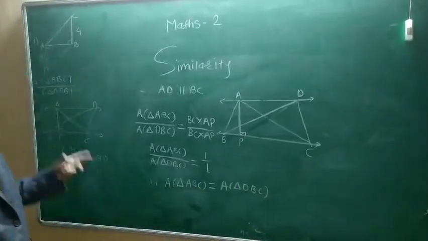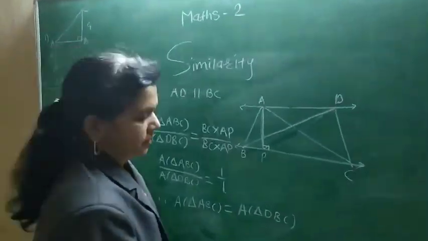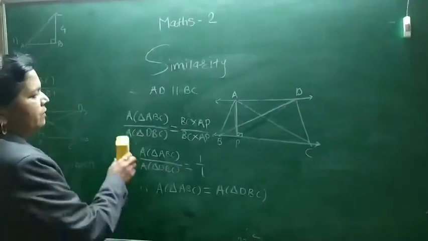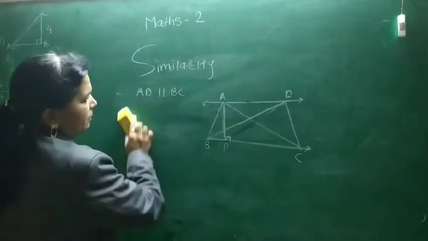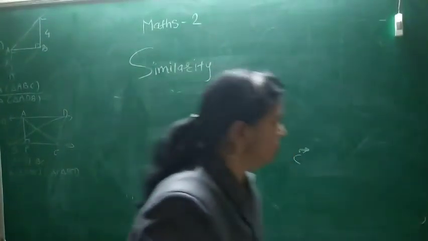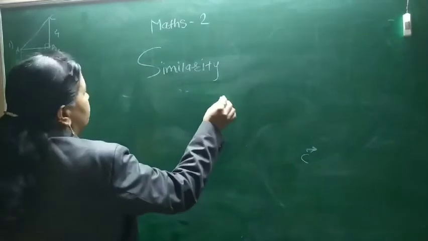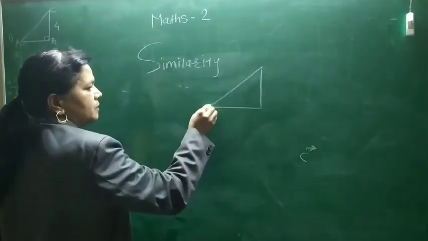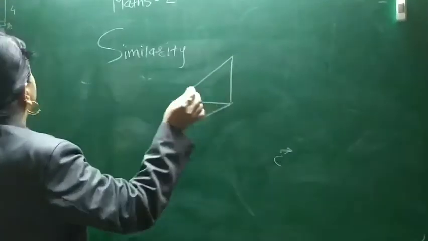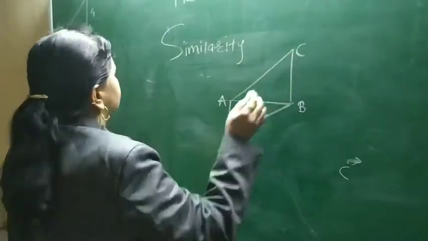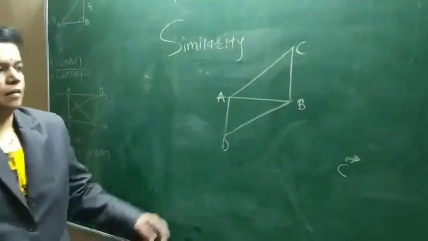Okay. Now we will take a second example here. From Practice Set 1.1, I have taken the fourth example that we have solved now. Now I will take the first example. See this.